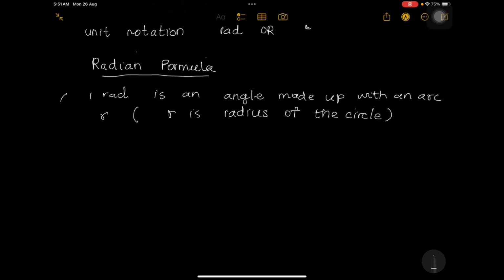This comes from the definition of radian.